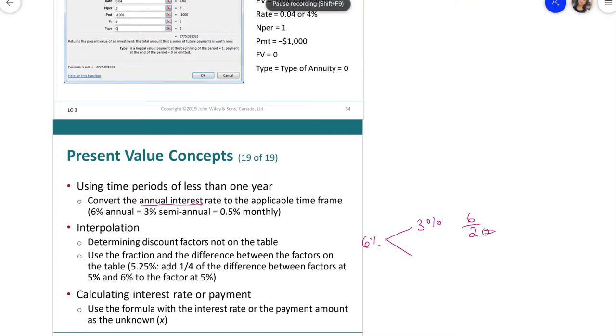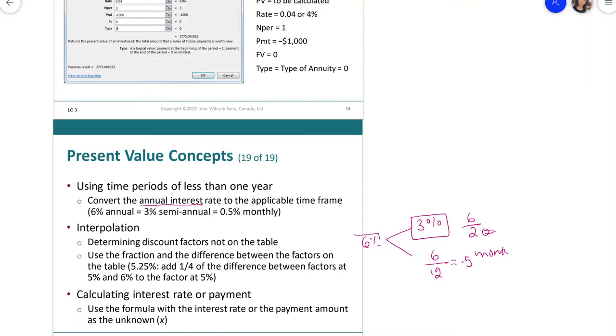You're going to receive 2 payments in a year, and then you're going to put 3% into your calculation. If the payments are monthly, you take the annual rate divided by the number of months in a year, and that will give you 0.5 for the interest rate.